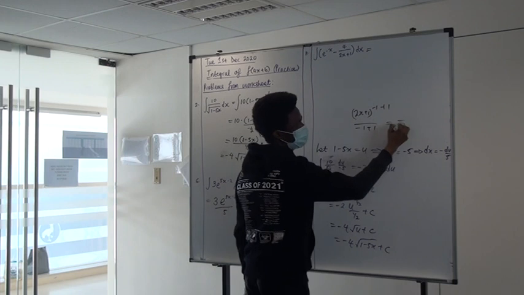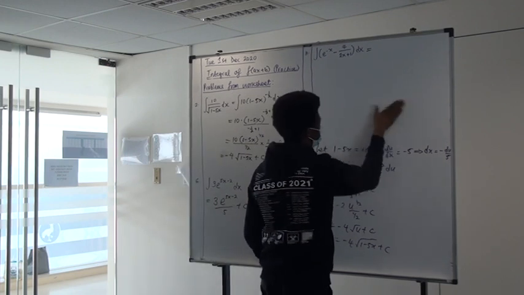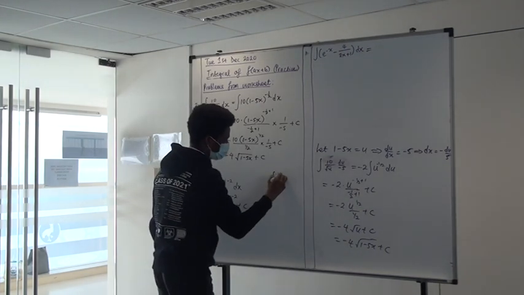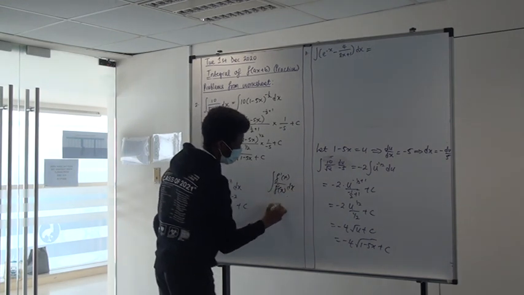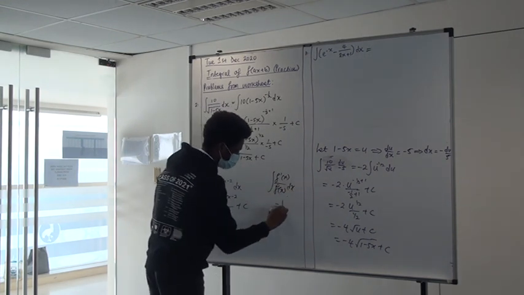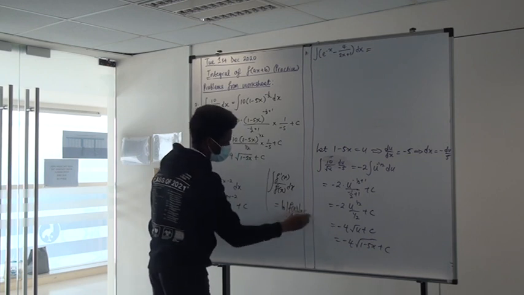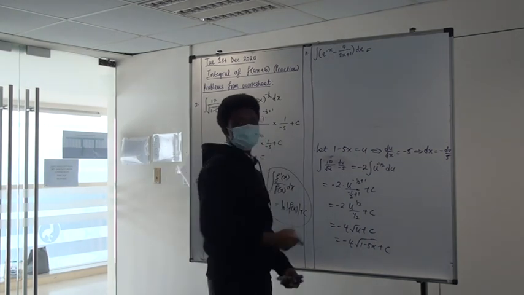What do you have? 0. So that's how you know it's a limit problem. Check your note from yesterday. Integral of f prime of x divided by f of x dx equals what? Natural log of absolute value of this plus c. Remember this? So once you see that, try to get 2 here.